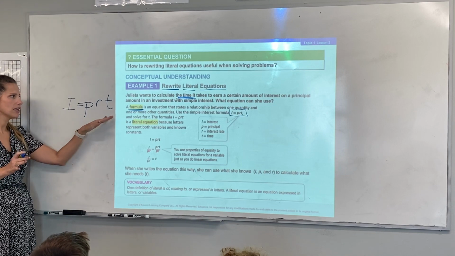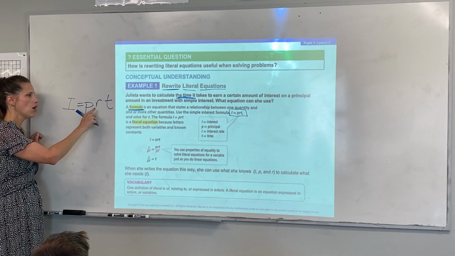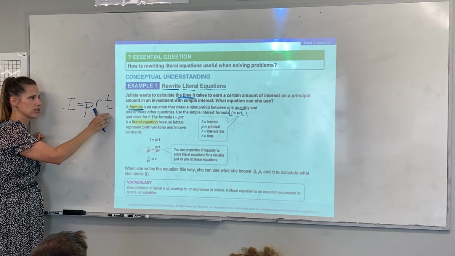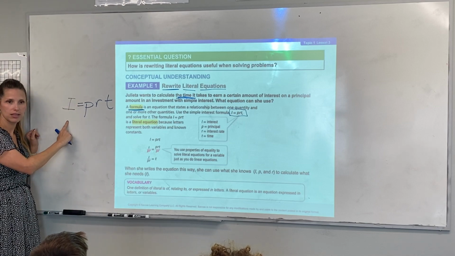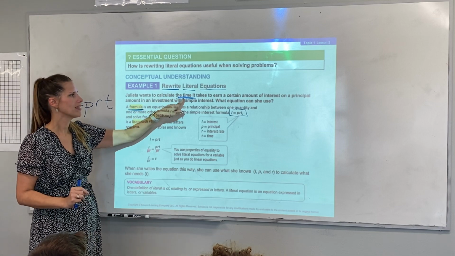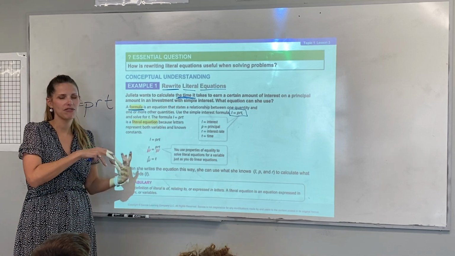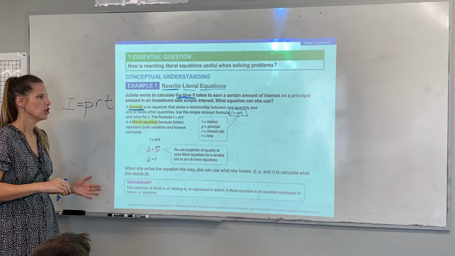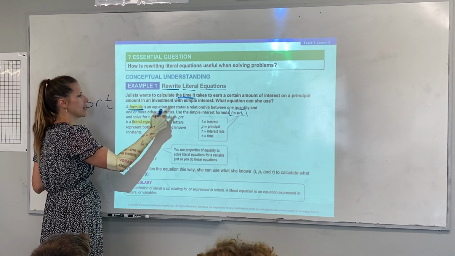So technically, this formula is perfectly set up. If you have all of these numbers, you multiply them together and you solve for your interest. Her question is, I want to know the time it takes if I have the values of my other ones. So what we're going to do is rewrite this equation.